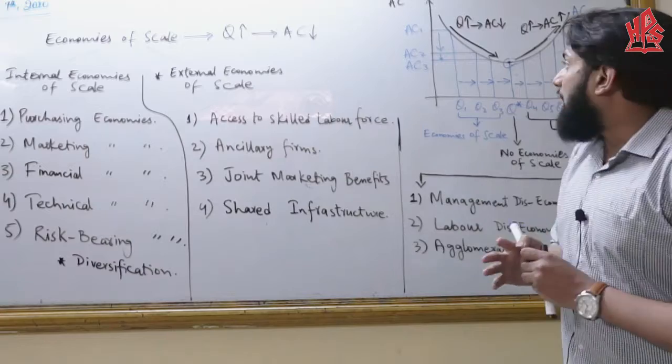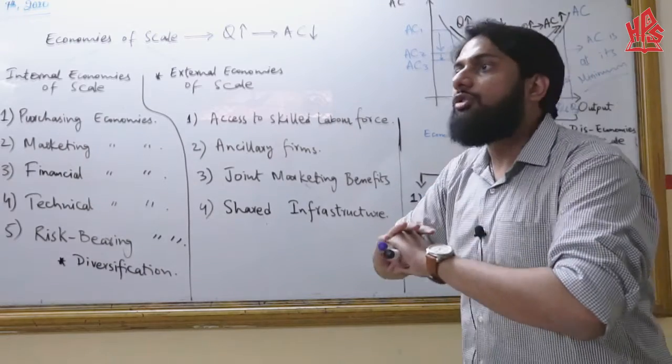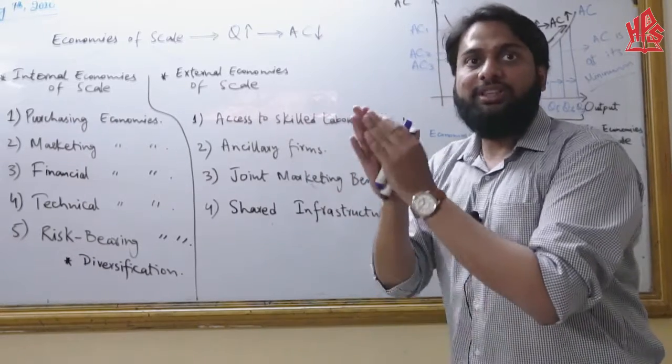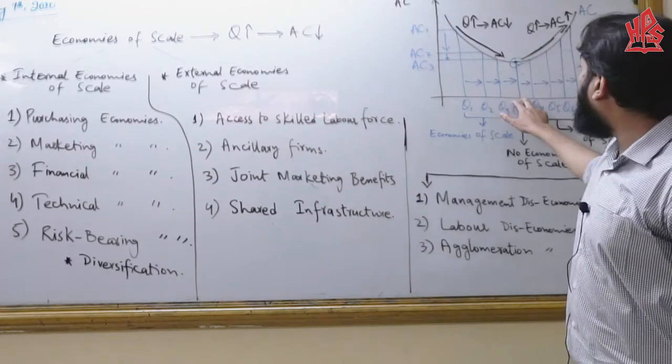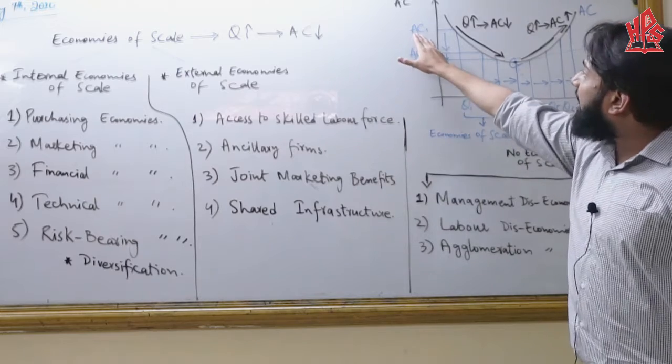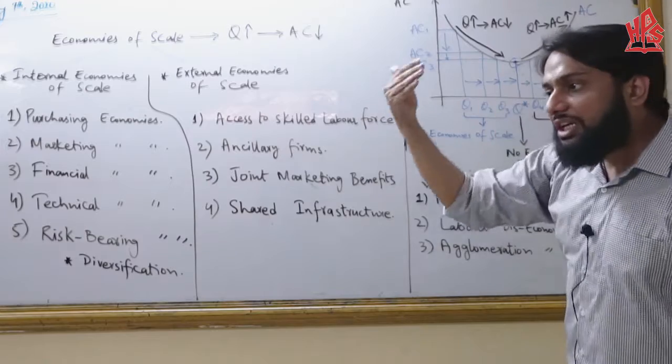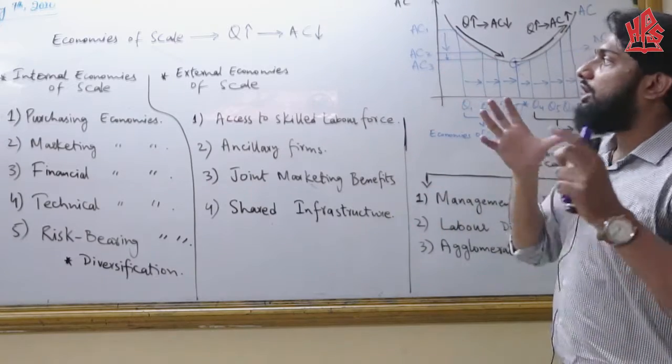This means now we cannot make our cost of production decrease by producing more output. Before this point, when average cost is continuously diminishing with the increase in the quantity, this is called economies of scale.